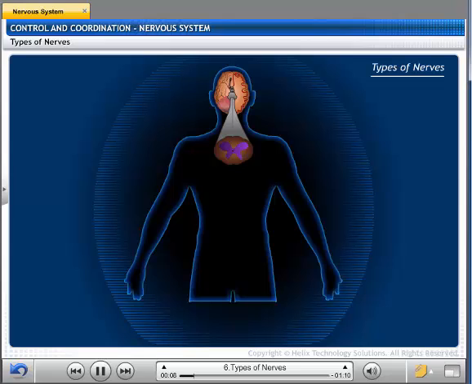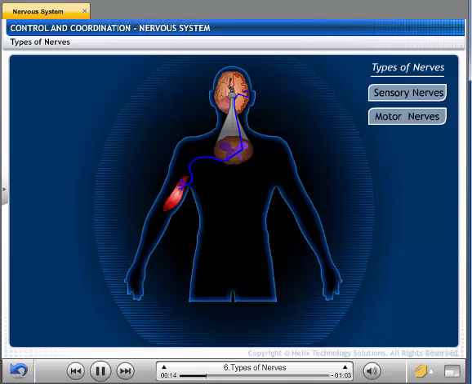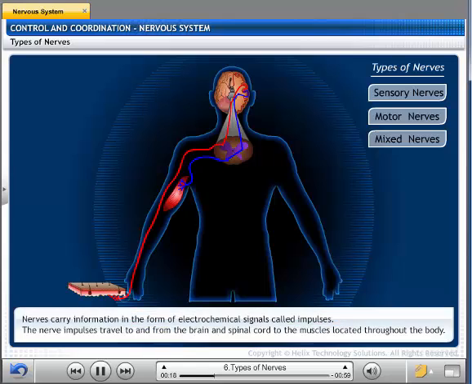There are three types of nerves: sensory nerves, motor nerves, and mixed nerves. These nerves carry information in the form of electrochemical signals called impulses to and from the brain and spinal cord to the muscles located throughout the body.